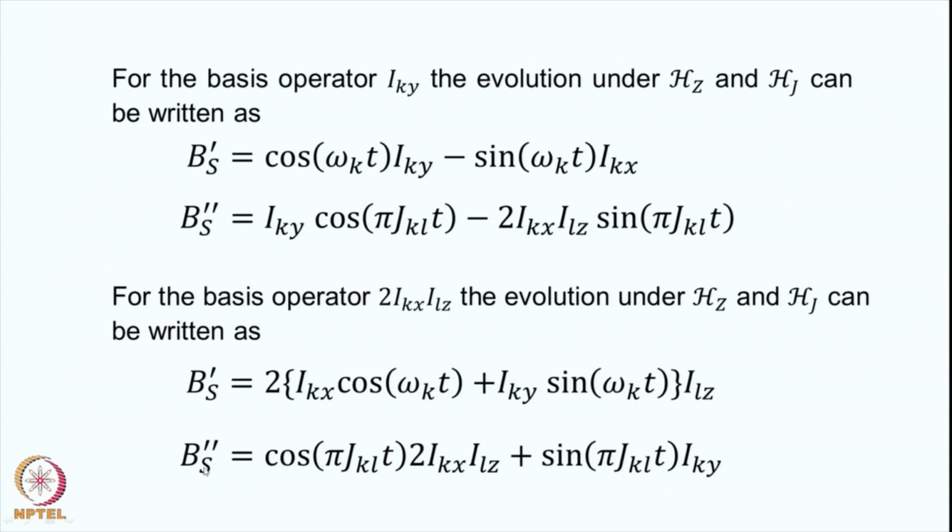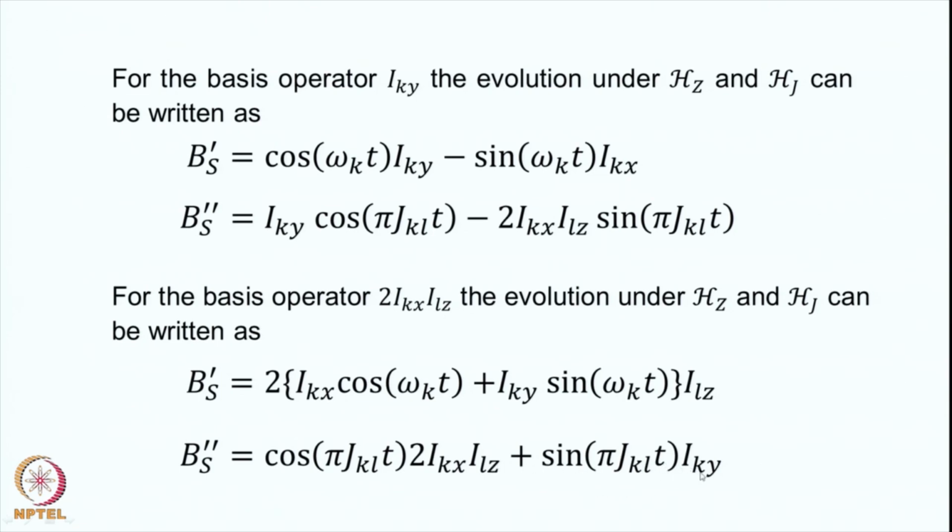Now, the coupling Hamiltonian causes this sort of a transformation here. It gives you cosine pi Jklt 2 Ikx Ilz. So, the antiphase term which remains is amplitude modulated by this expression cosine pi Jklt, and you generate here Iky plus sin pi Jklt.